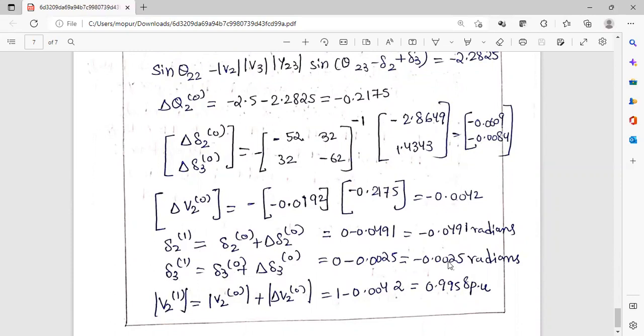Now V2 of 1 is equal to V2 of 0 plus del V2 of 0. This V2 of 0 is 1, because of the flat start voltage. Del V2 of 0 we had already obtained, which is minus 0.0042.